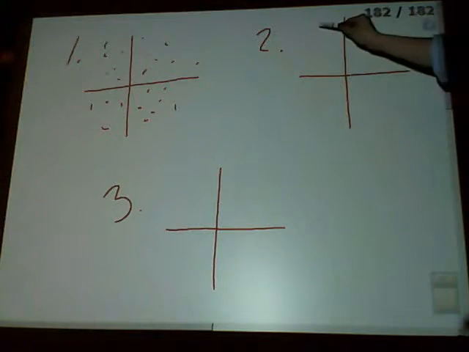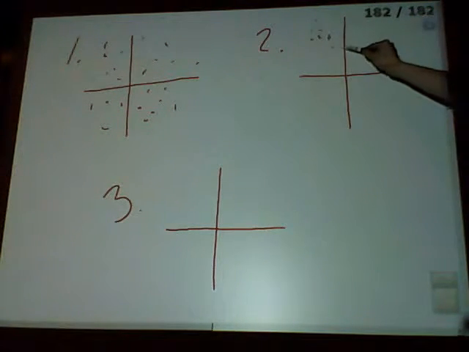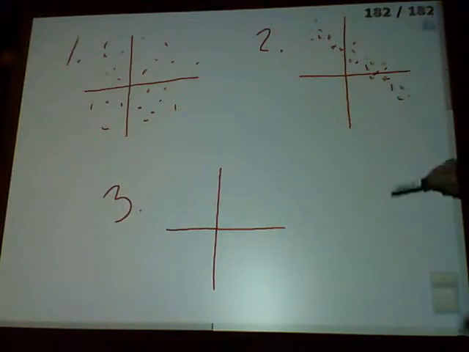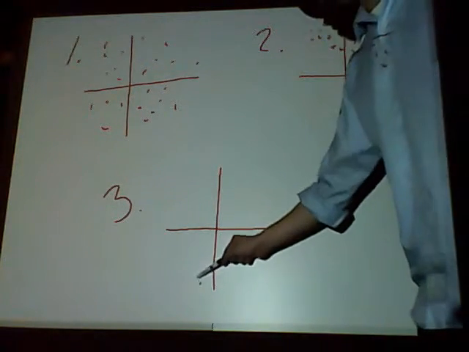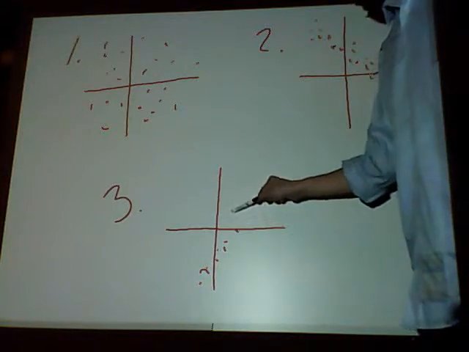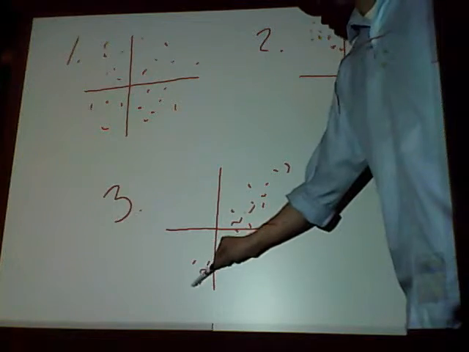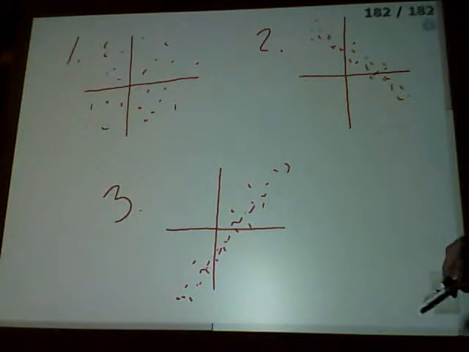What kind of correlation is that? Okay, what correlation is that? And tell me. Okay, what kind of correlation is this? You guys should be able to figure it out.